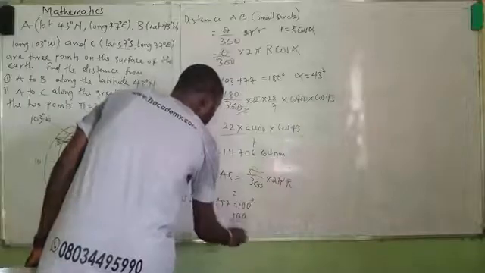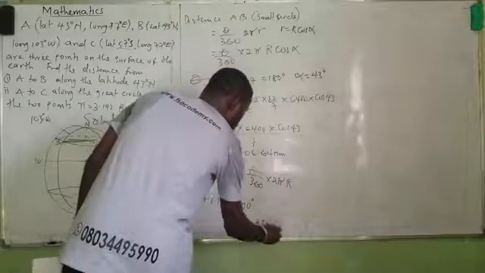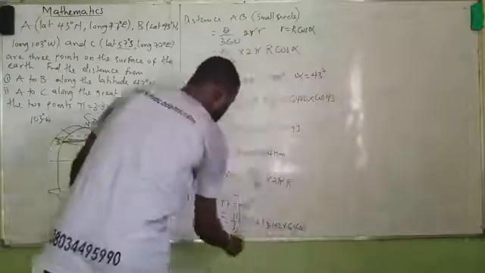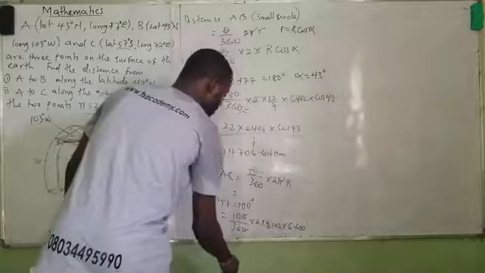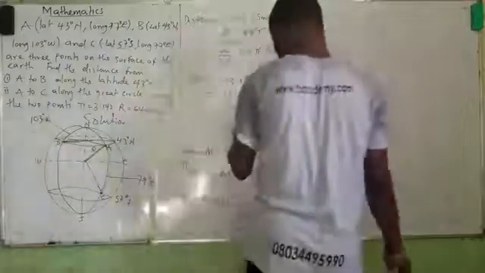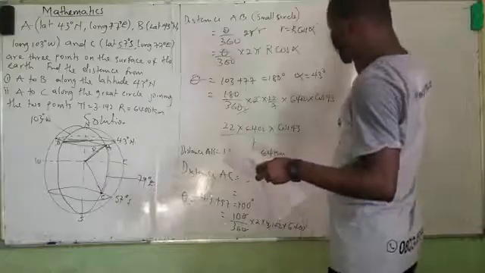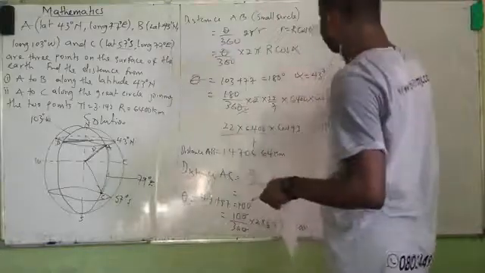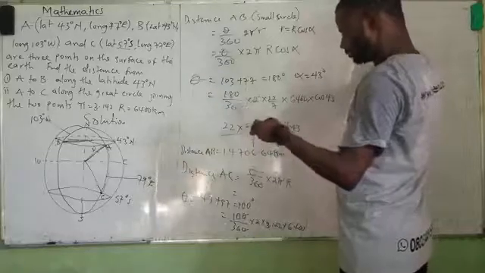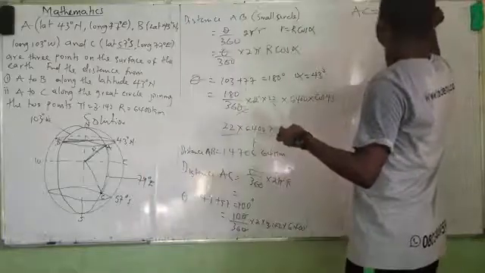Now I can answer that: 100 all over 360 multiplied by 2 multiplied by 3.142 multiplied by 6,000. By so doing that, if I multiply, AC equals to 1171.56 kilometers.